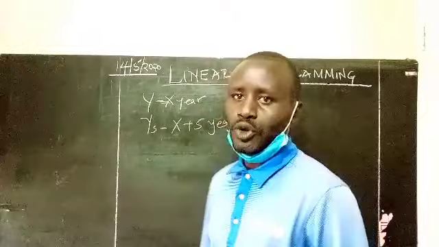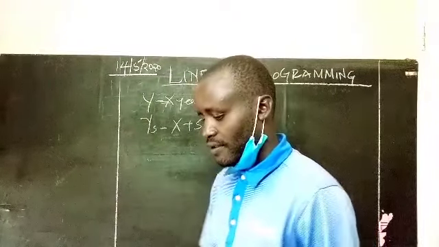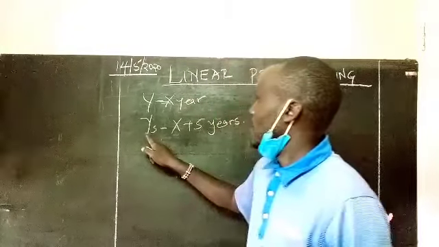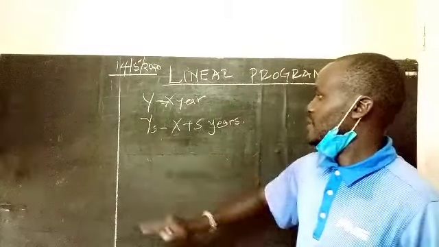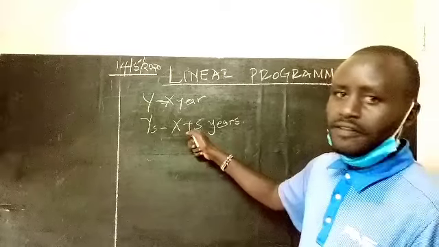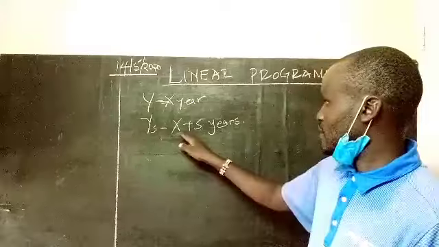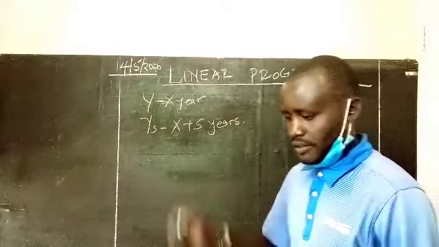Remember that Yona is 5 years younger than his sister, meaning we are going to add 5 years to Yona's age, giving us x plus 5 years.